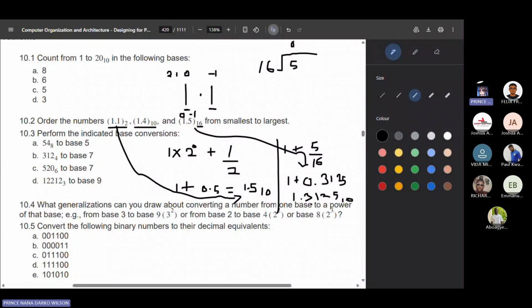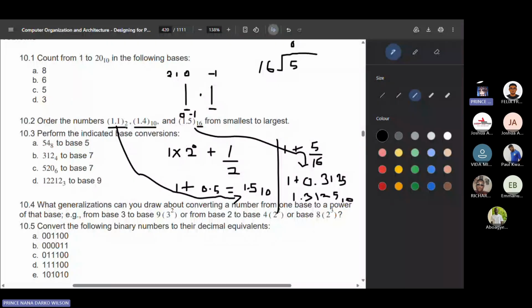Okay, so then the numbers are 1.1 base 2, which is now 1.5 base 10. So it's faster to use a calculator for this. From what we saw earlier, you can just take your calculator, go to mode, and first select the number base. In this case, you select binary.